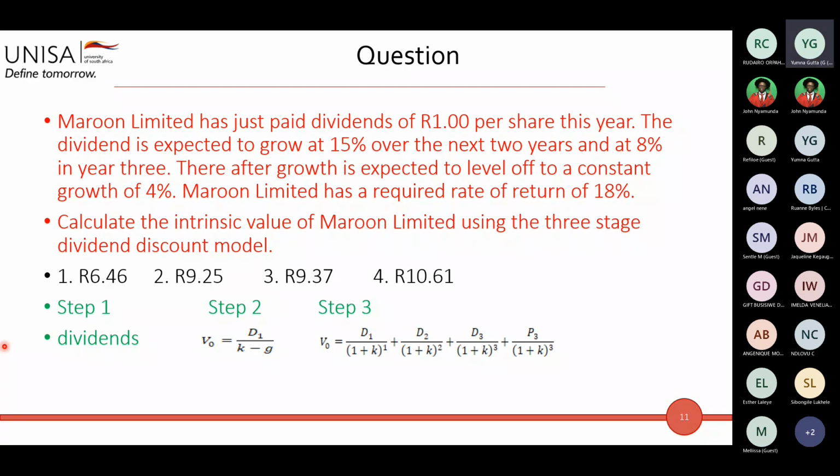I remember the first time I saw it, there was a lot of theory to say some companies have a high growth period followed by a constant growth. I understood that, but when they got to the three-stage discount model, I wasn't happy with it. The two-stage was fine, but the three-stage, I don't know why I got confused.